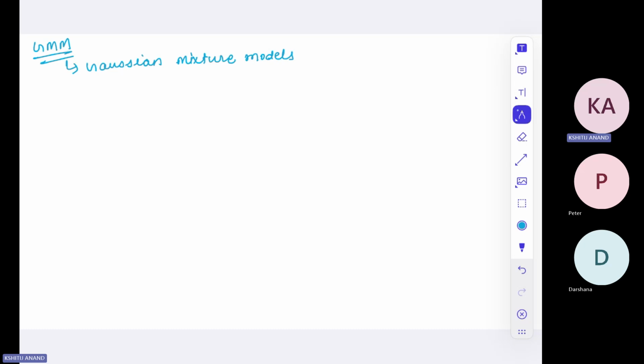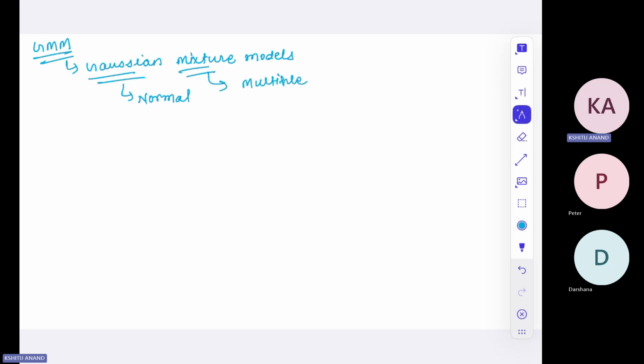Okay. So what exactly is a Gaussian mixture model? I think it's quite clear from the word. If you see the word Gaussian, obviously you will think of normal, and mixture, obviously you will think of mixing of multiple models, right?